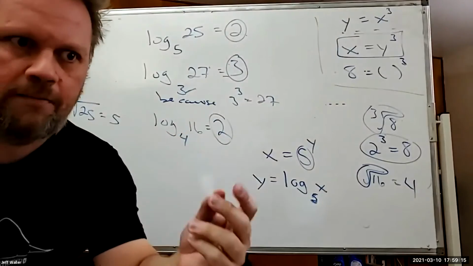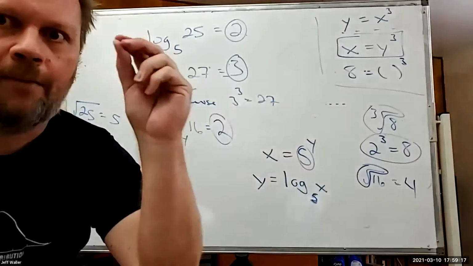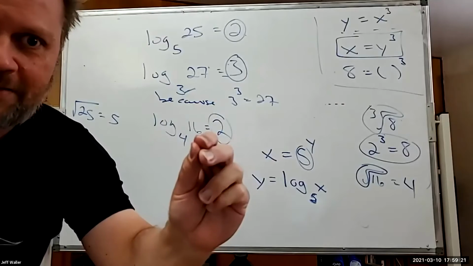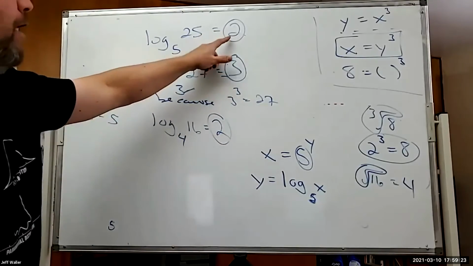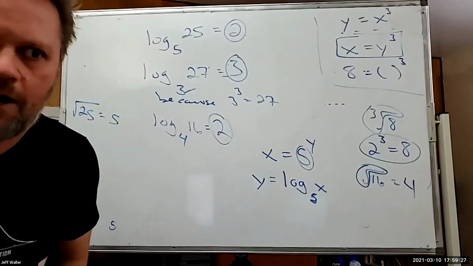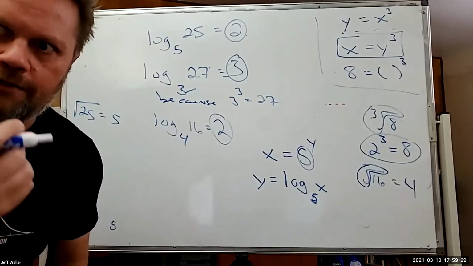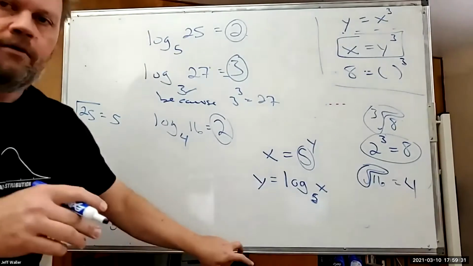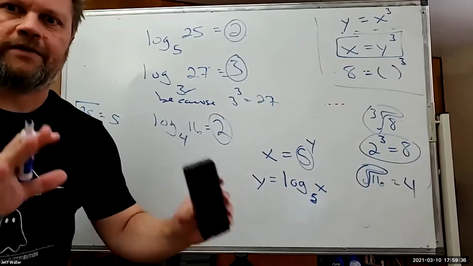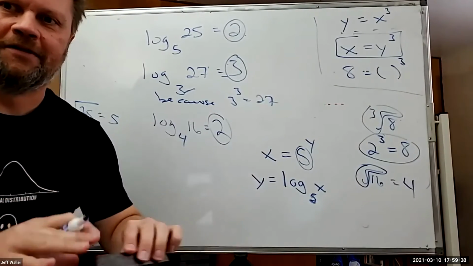So a logarithm is a power. It's the power that this needs to become this. That's what a logarithm means. Logs are powers. Okay, I like it. Let's try some freakier ones.